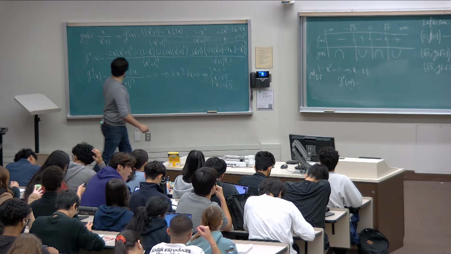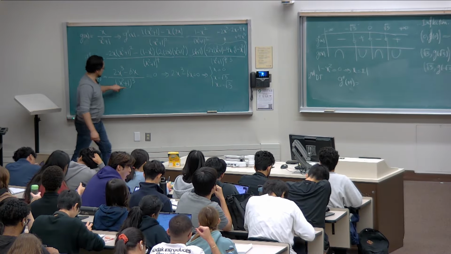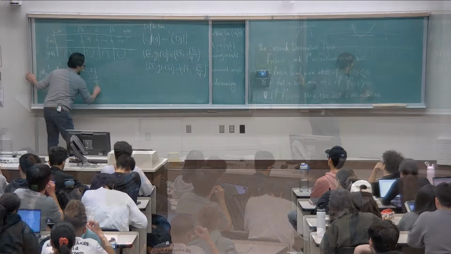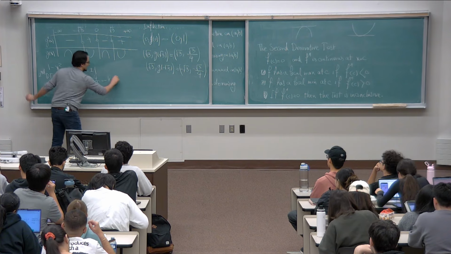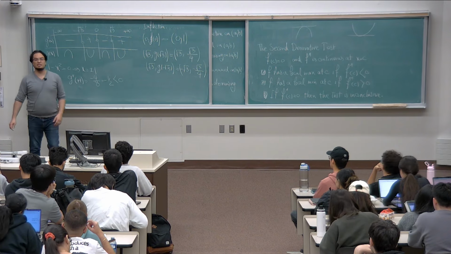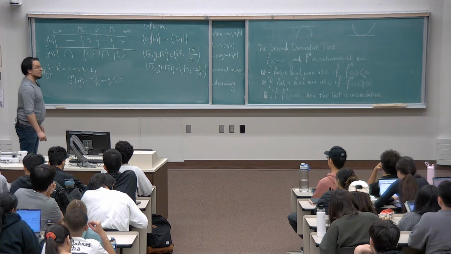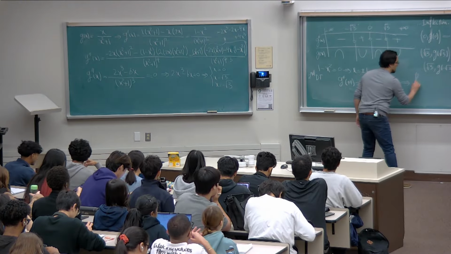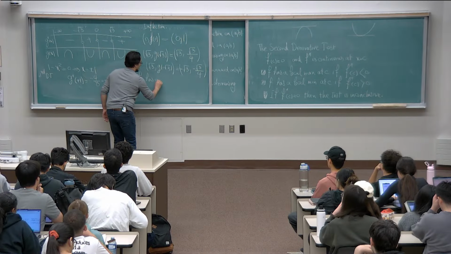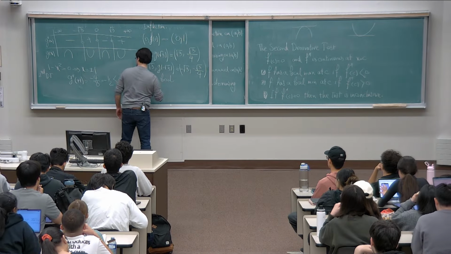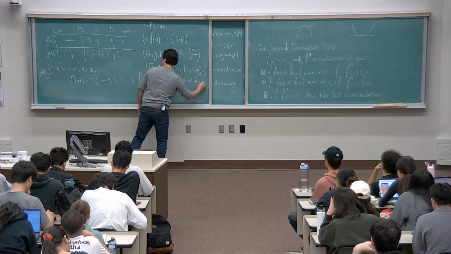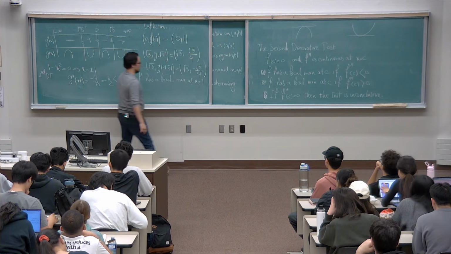Here's our second derivative: 2 minus 6 over 8, minus 4 over 8, which is negative half. The second derivative is negative. The second derivative test says that f has a local max at x equal to 1.